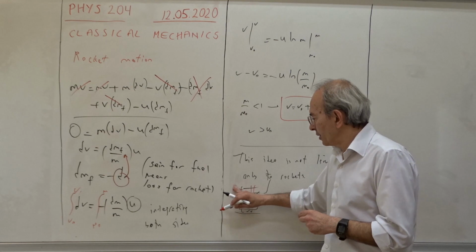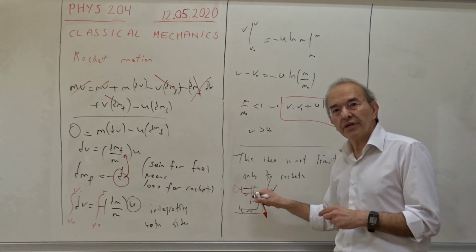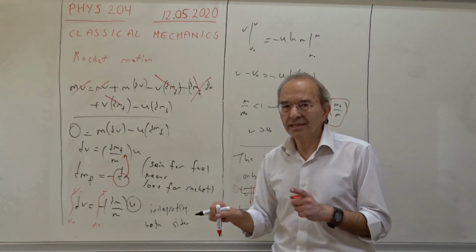So this is the reason why the velocity of the upper car remained the same.